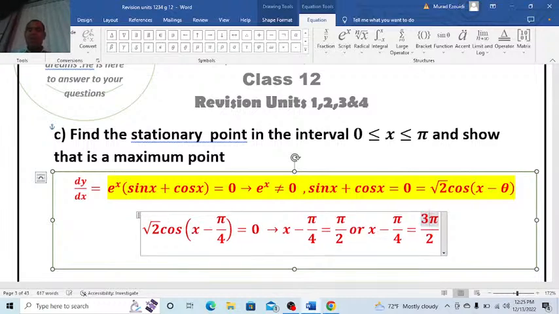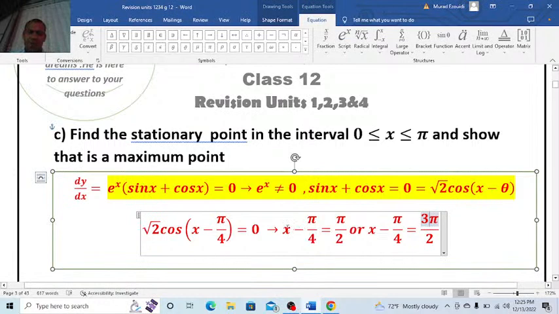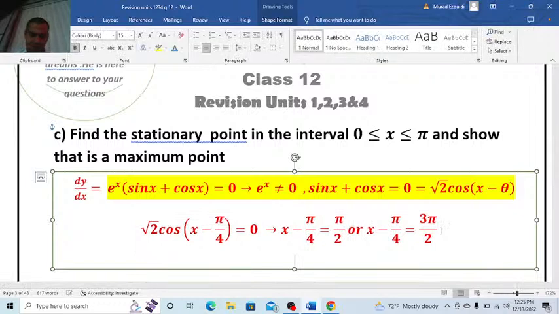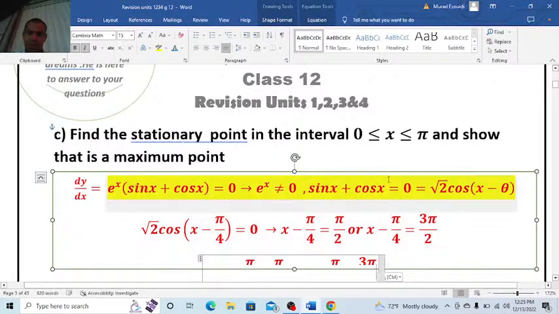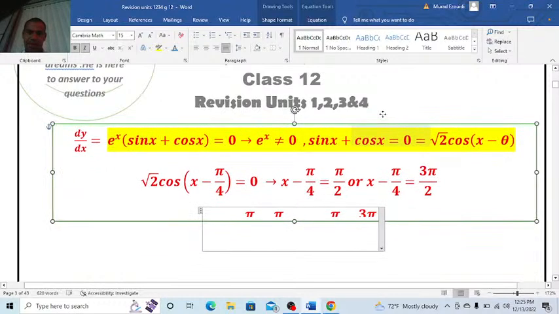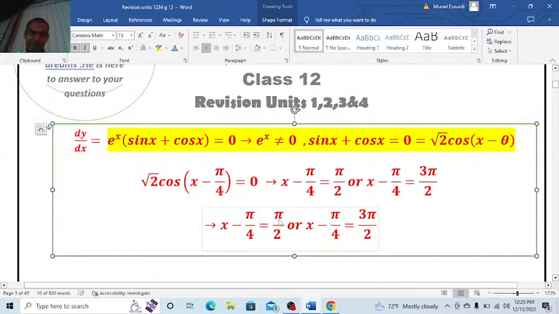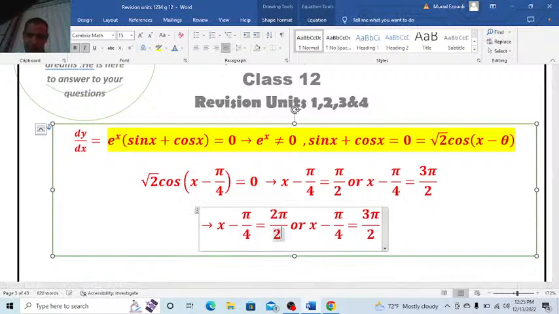Now we'll try to solve this one. Here x will give me what exactly? If I add pi over 4 to both sides, x in fact is pi over 2, which I will write as 2 pi over 4 to get the same denominator. x minus pi over 4 equals 6 pi over 4.